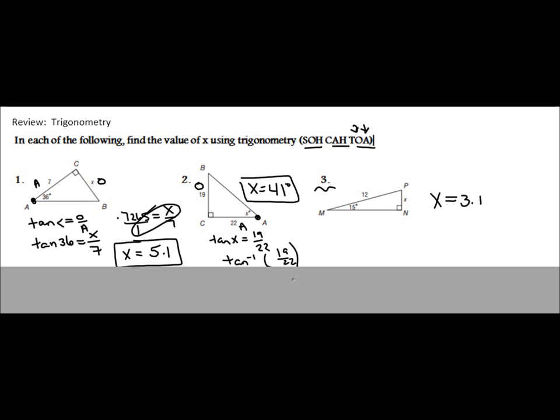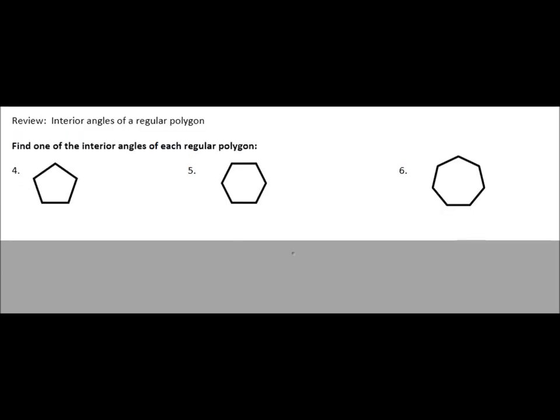The next skill you're going to have to know from previous chapters is to find one of the interior angles of a regular polygon. Well, if you remember, if I wanted to find all of the interior angles, I would use the formula 180n minus 360, where n is the number of sides. So in this polygon, I have 1, 2, 3, 4, 5 sides.